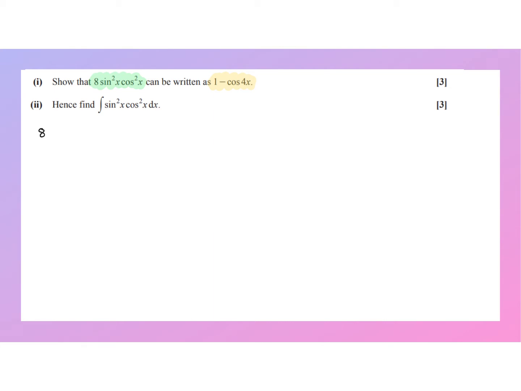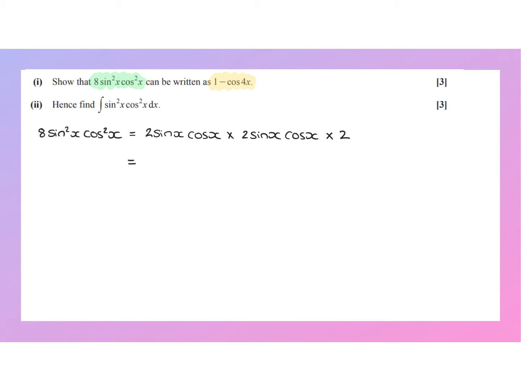So 8 sine squared x cos squared x, I'm going to write that as 2 sine x cos x multiplied by 2 sine x cos x multiplied by an extra 2 there. So you can see the two are equivalent.